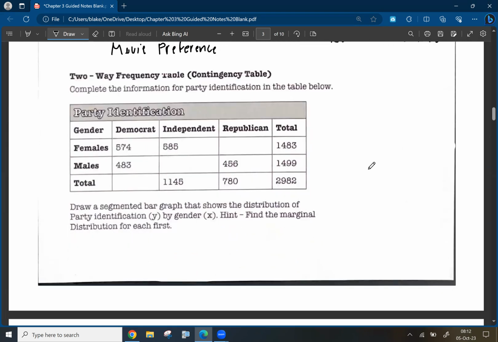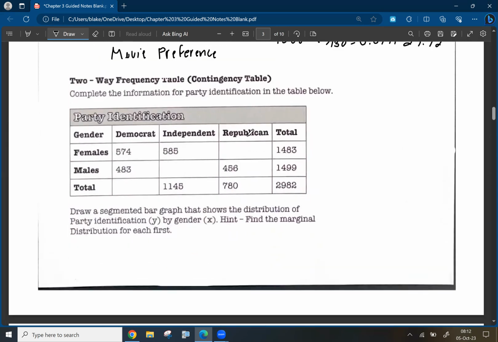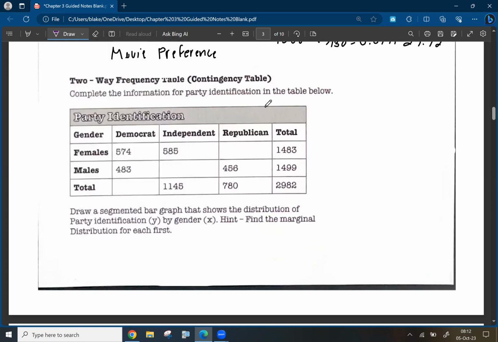All right, and then finally, the two-way frequency table down here. We're going to input the data that's missing from this. Let's do it in purple, because purple is kind of a cool color. So notice the total column on the far right and the total row at the bottom.